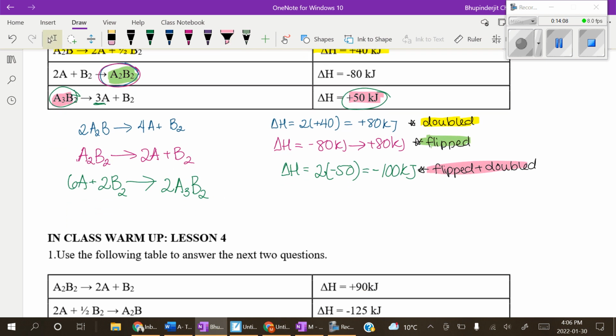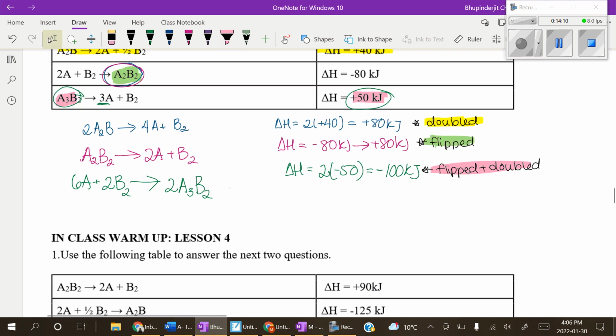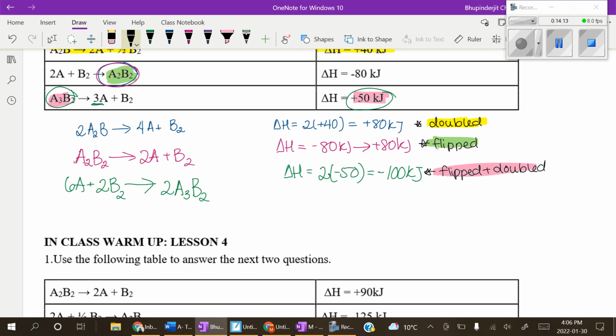Okay, now what we got to do is we got to take the sum of these reactions. So I'm just going to see how things cancel out. So 2A2B, I don't see 2A2B on the product side, so I'm going to write that down. Actually, I'll write it in blue. 2A2B. Great. Okay, I'm going to work on the reactant side first.